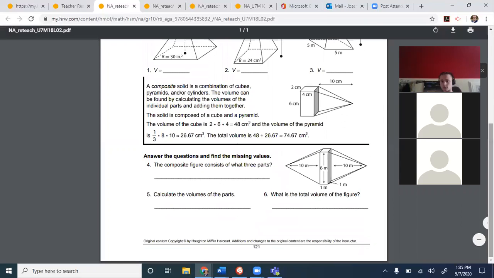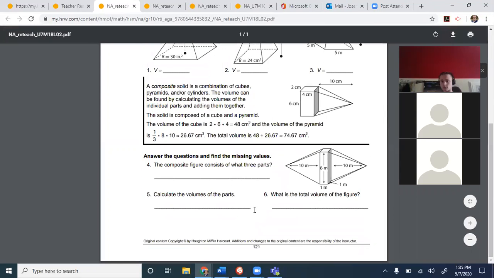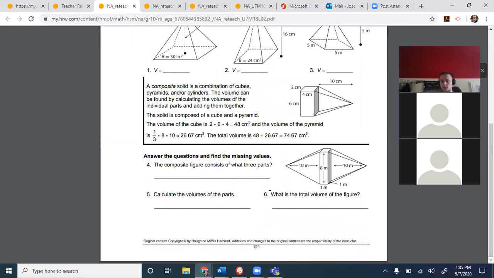All right, let's take a look down here now. Okay, let's take a look at number 6. This will be the last one that we'll do for the day. Okay. All right, so as you can see, we've got 2 pyramids, really, on each side, and then we've got a prism on the inside.